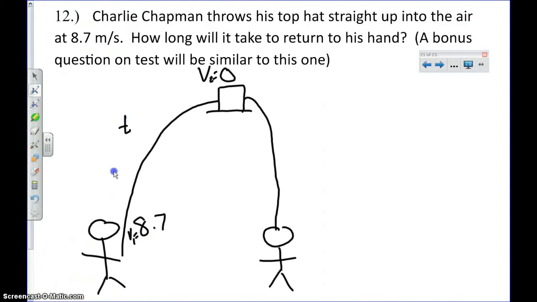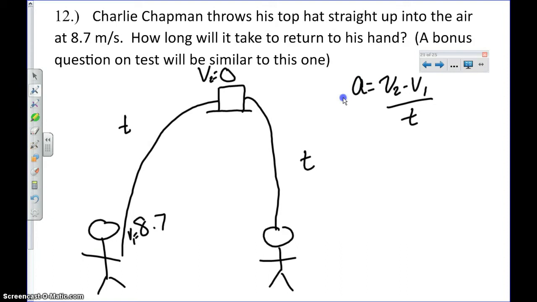Now, the time is going to be the time that it goes up and then the time that it comes back. So the first thing I need to do is find out what equation I'm going to use. I've got time, I've got two velocities. The only equation I have that has two velocities and time is acceleration equals V2 minus V1 over time.